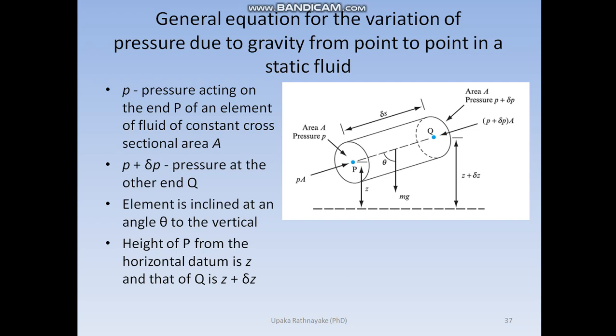The second one is the horizontal variation, that is del P is equal to 0. In addition, the above equations stand when the density is a constant.